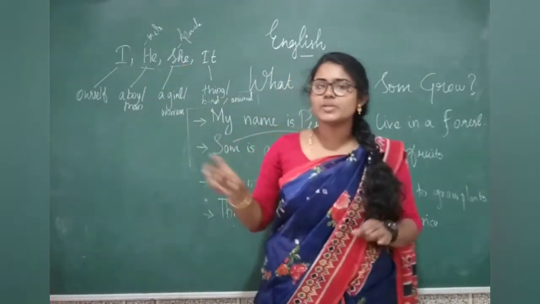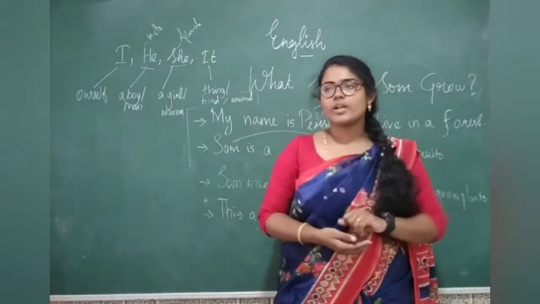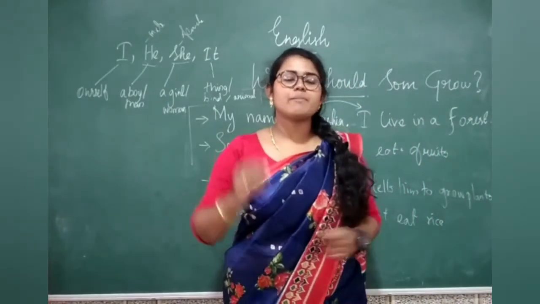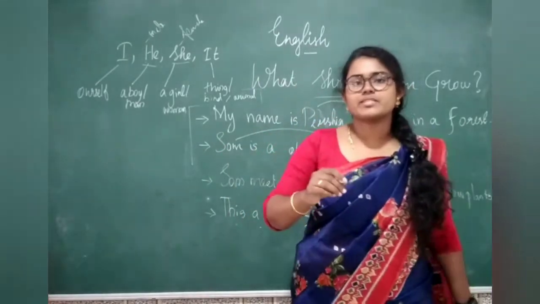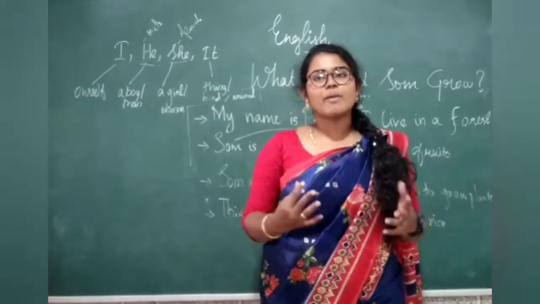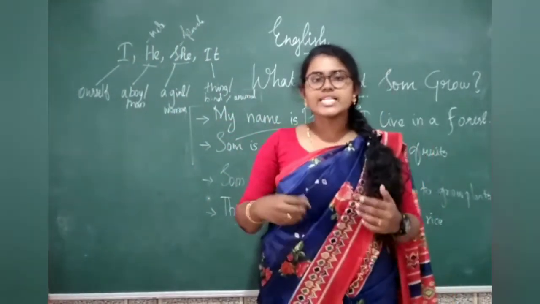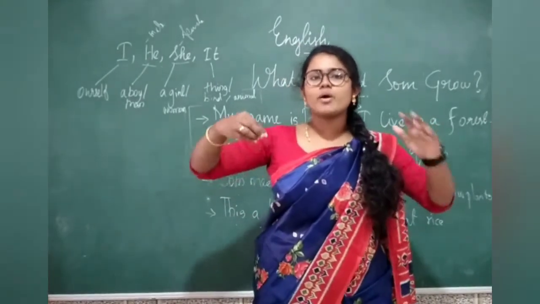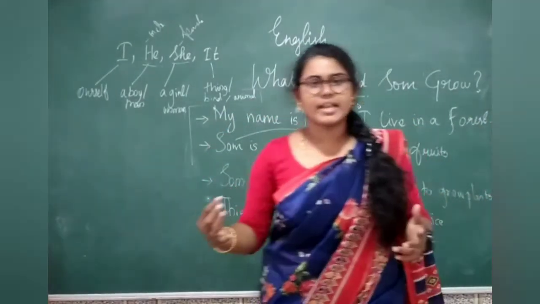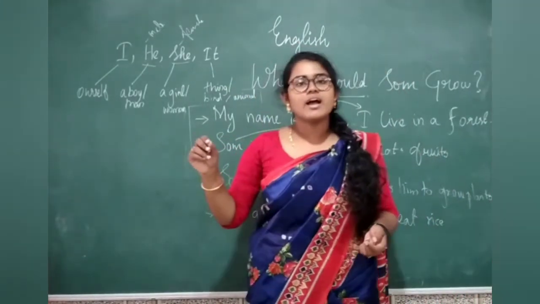I have to continue like that because teddy bear is a what? Naming word. So if you are talking about your pet, sometimes you don't know the gender of your pet. Yeah, there comes male and female, right? But common in the sense, if I'm talking about a lion, the king of the forest, sometimes I don't know whether it's a male lion or female lion. I'm confused about that. I would like to say "it."